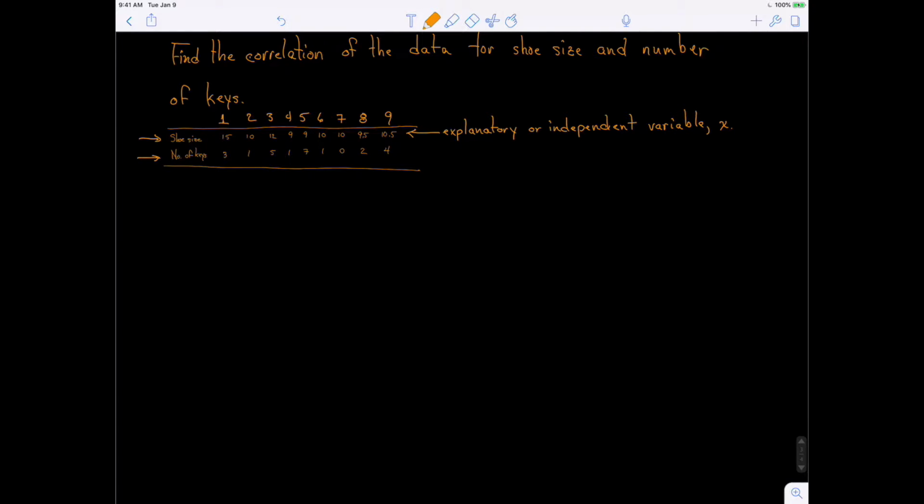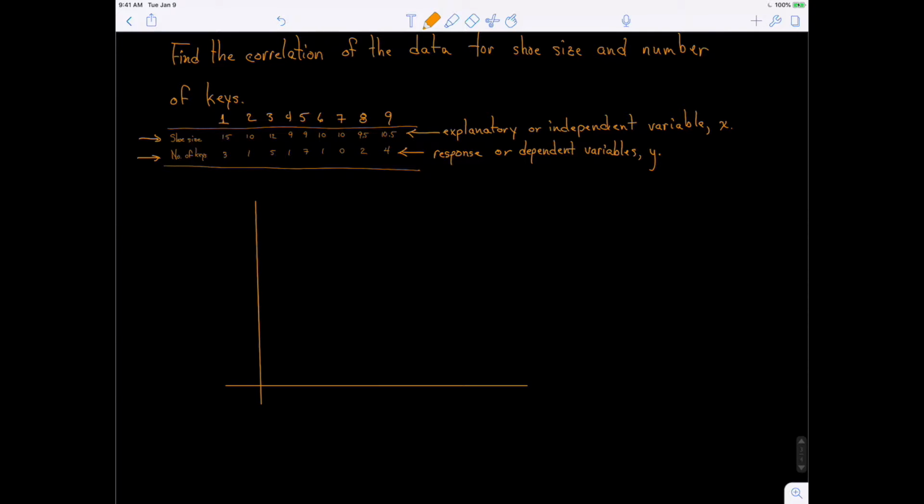And then our number of keys, these will be our response, or dependent variables. And we'll call that the variable y. Okay, so x is our horizontal axis and y is on the vertical. So here we go, like that. And there's our y. There's our x.